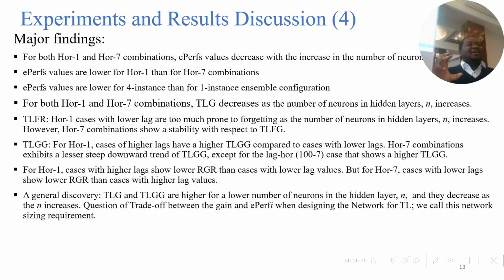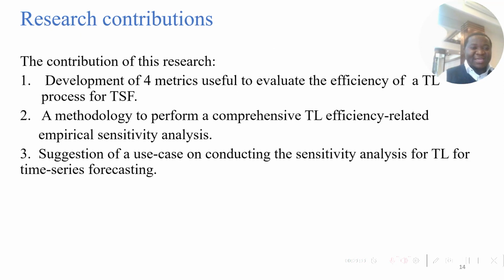So when you are designing your network, there is a need for a trade-off. How much gain do you need, based on the error performance that you need? We thought this can be one of our further works, to see how we can come up with a trade-off between the gain that we need and the performance that we need.